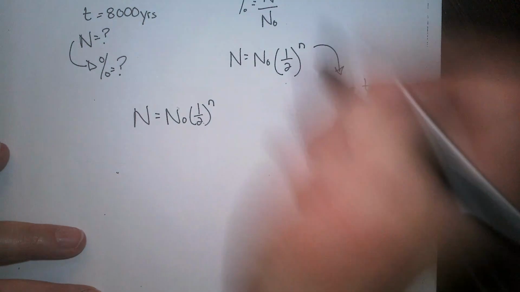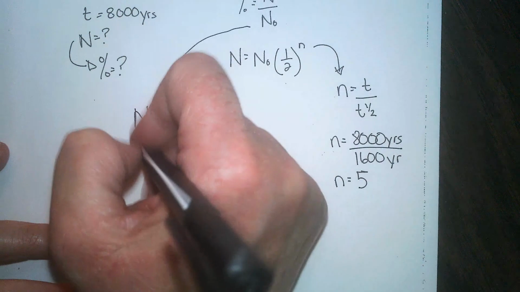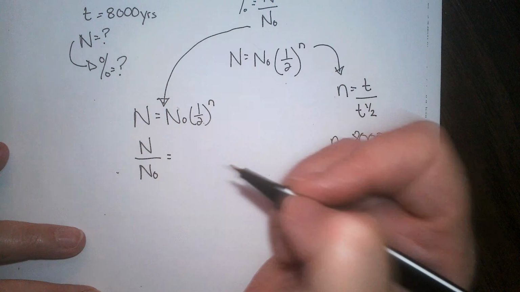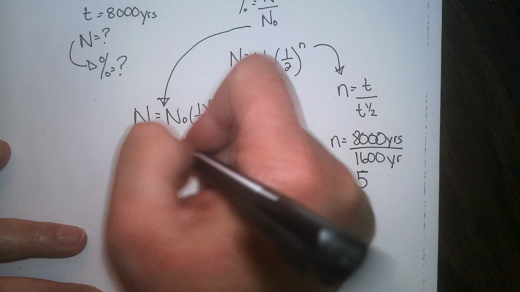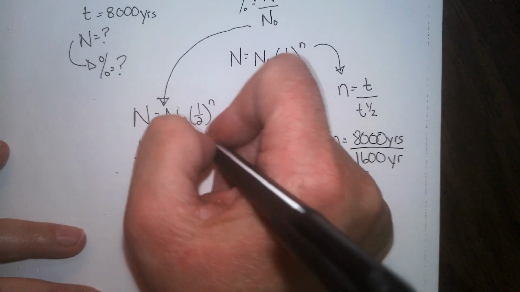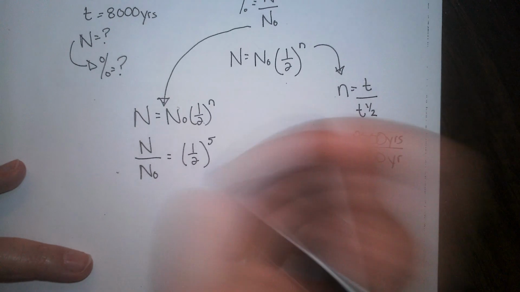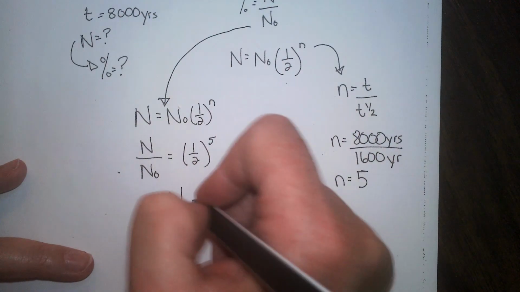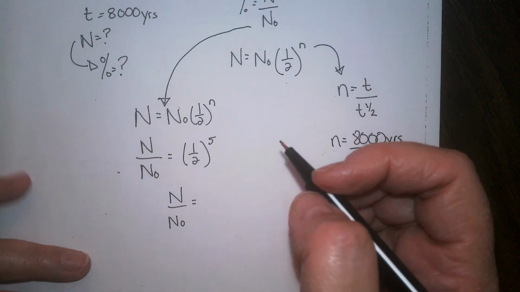When I come back to the formula, N is equal to N naught times a half to some power of n. When I look at this, N over N naught, which is just rearranging the formula, is equal to 1/2 to the power of 5. So N over N naught is equal to, what is 1/2 to the power of 5?